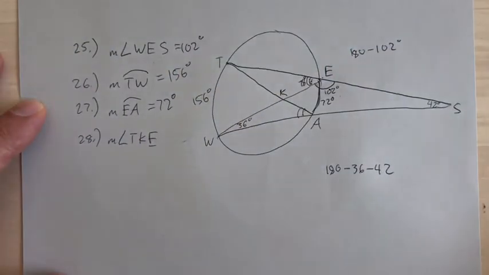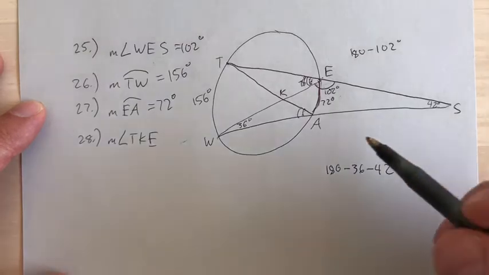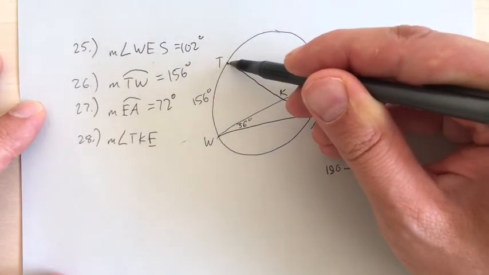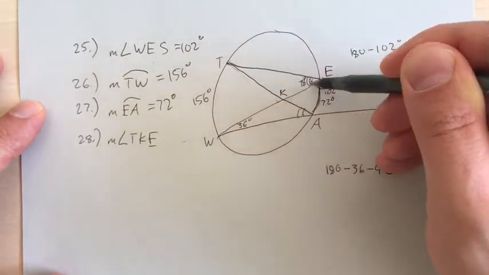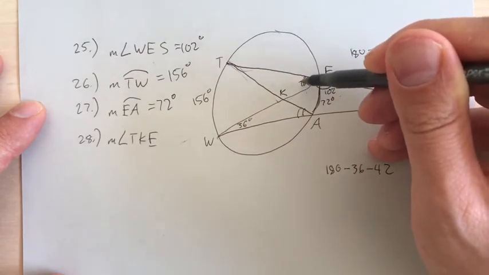And then last but not least, they want us to figure out what TKE is. Now, TKE technically you can think of as a triangle. It's this triangle here. I know what this angle of TKE is, the triangle at 78.